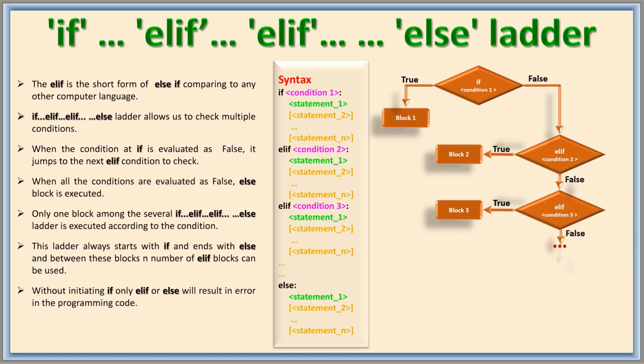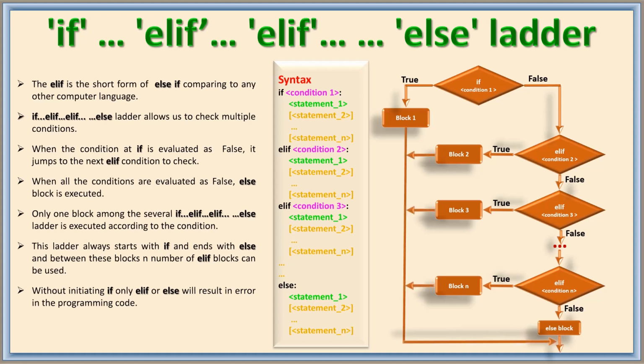When it is false, you can give several elifs up to n elifs, so there is no limit for it. And then at last, when all the conditions are evaluated as false, it comes to the else block and executes it. Remember this: in the whole process, among the several if, elif or else, only one block is executed and then it comes to the next step of the program.